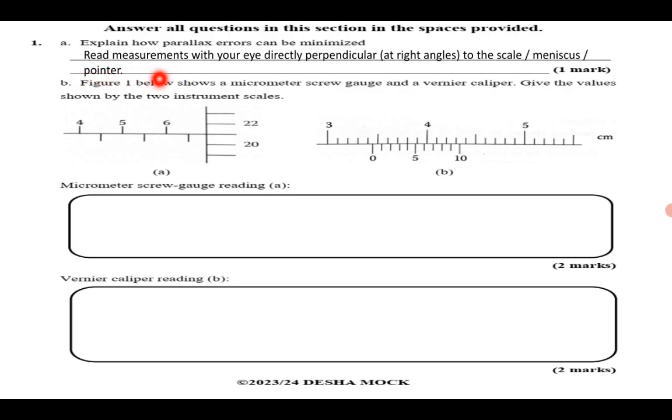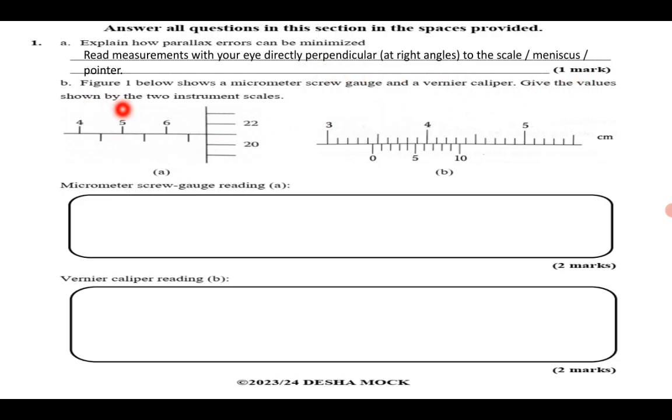Or if you are doing a Hooke's law experiment where you are guided by a pointer on the ruler, the scale, you should position your eye in such a way that the line of sight is perpendicular to the scale where the pointer lies. So by saying this, you have 1 mark.